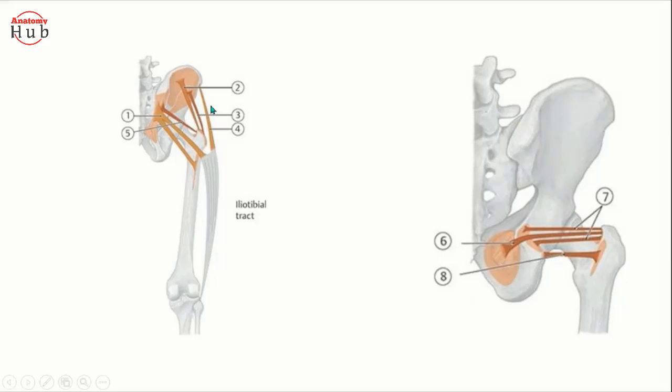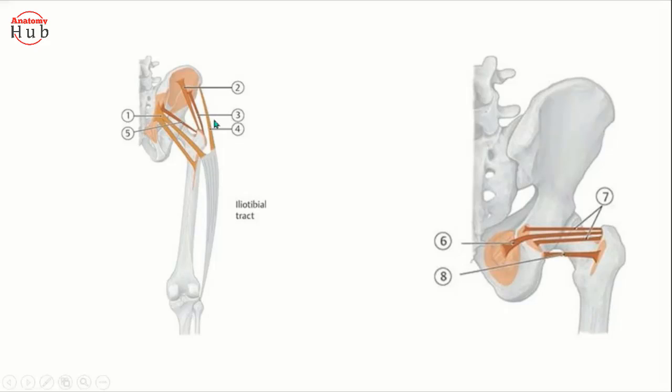So here you can see all these are the muscles that help in lateral rotation. Here you will also see the superior gluteal, inferior gluteal, and sciatic nerves, and you'll find the superior and inferior gluteal arteries and veins.